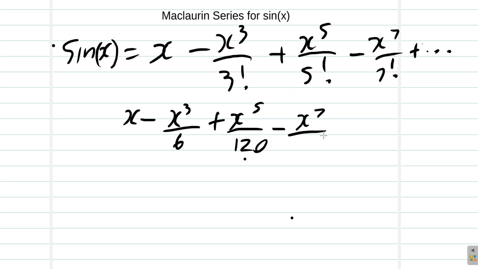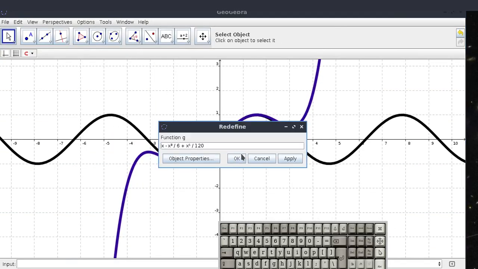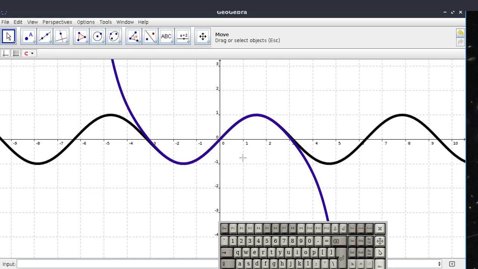So we minus x to the 7 over 5040 and see what happens. So this is minus x raised to the power of 7 over 5040. Okay, this looks a bit smoother.